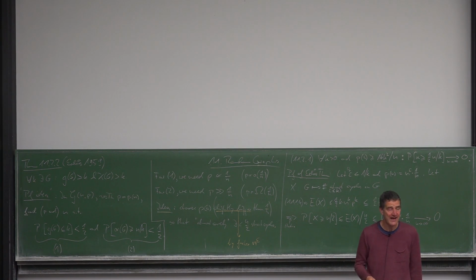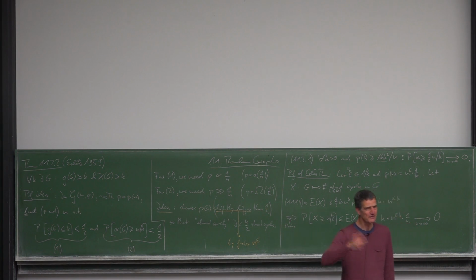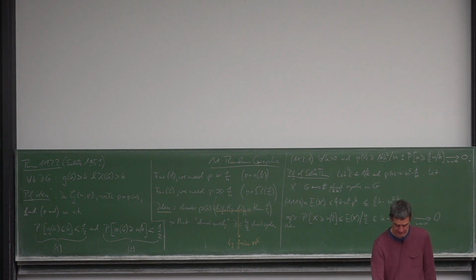That isn't actually that small, right? So root n goes to infinity pretty fast. I mean, it's bigger than log n, right? Okay, so that is most of the proof.